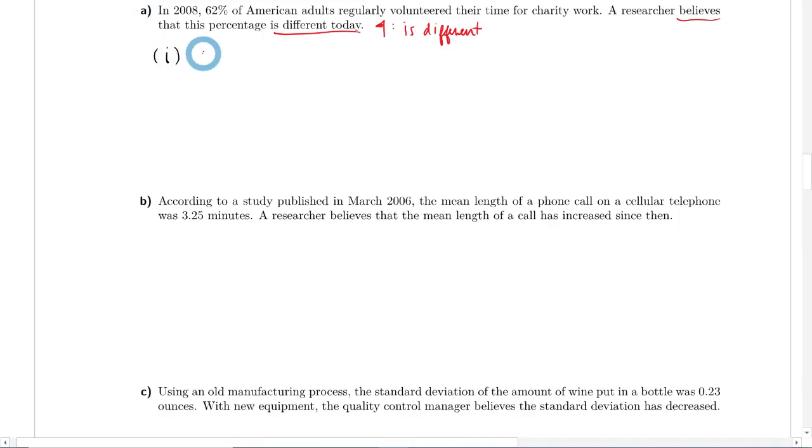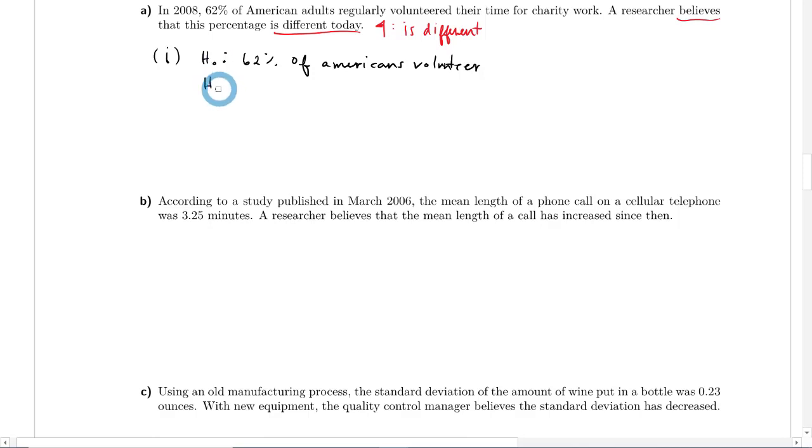So the first part is we'll set it up. The null is always the status quo. So what is the population parameter? Well, the status quo says 62% of Americans volunteer, and that's not going to change. That status quo is going to be the same.